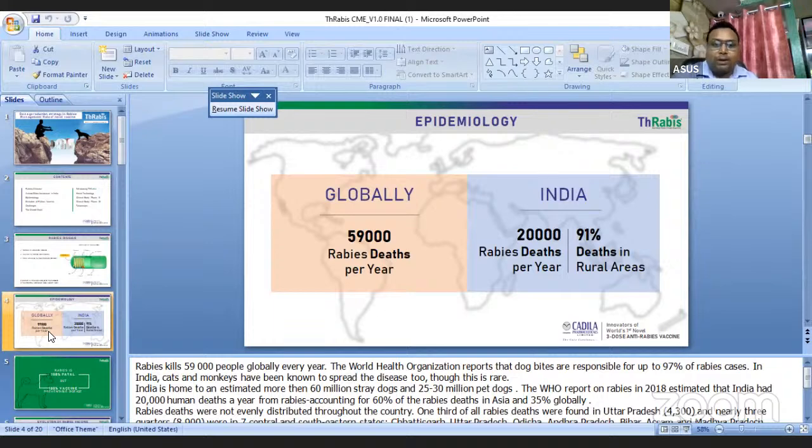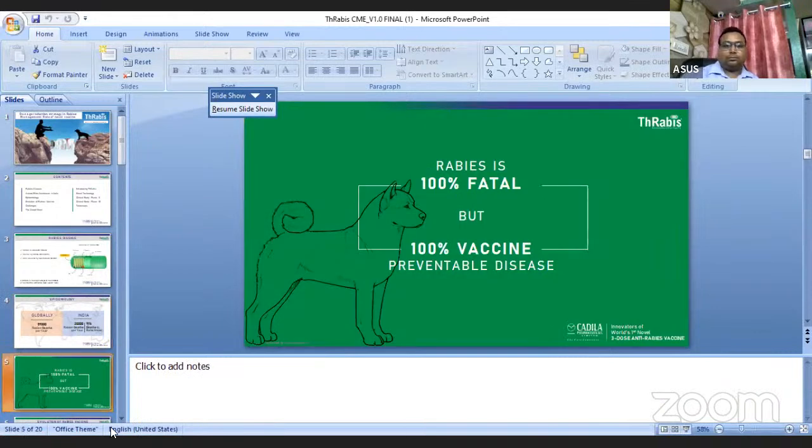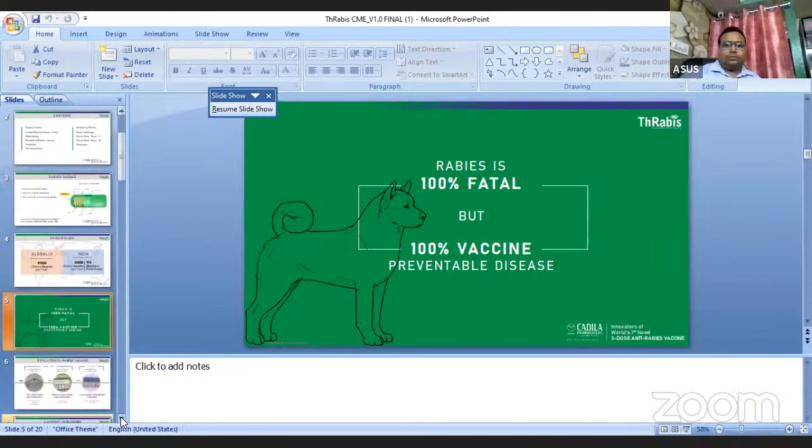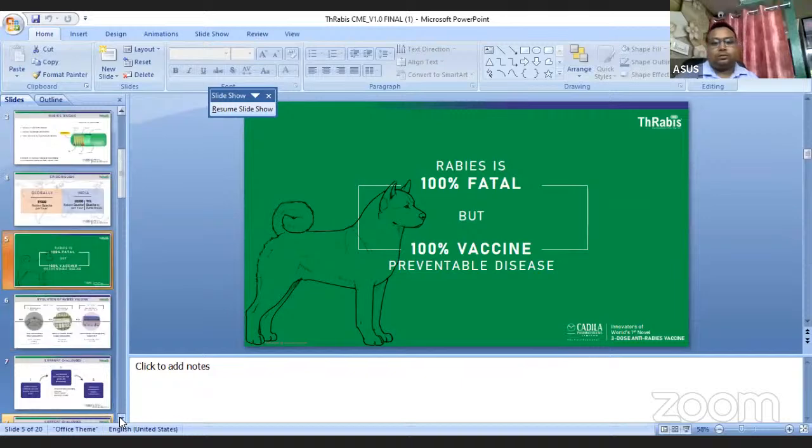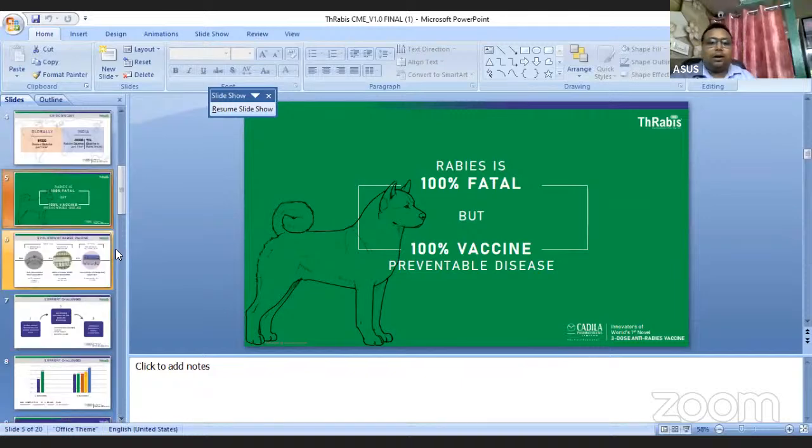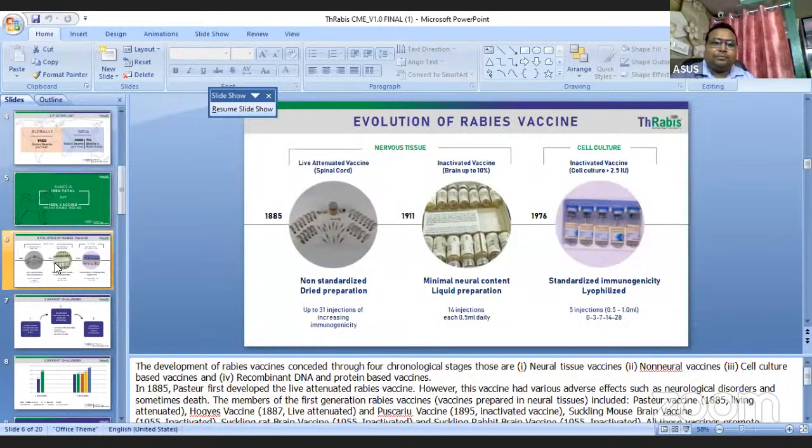Globally there are 59,000 rabies deaths per year. In India, 20,000 rabies deaths per year, with 91% of deaths in rural areas. As already told, rabies is 100% fatal, but 100% vaccine preventable disease.